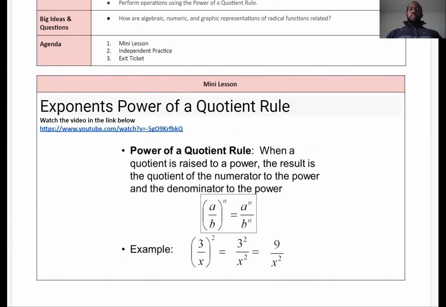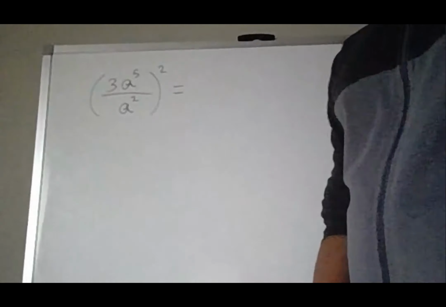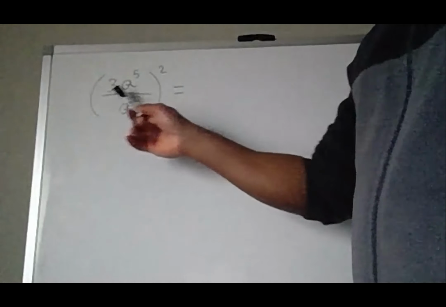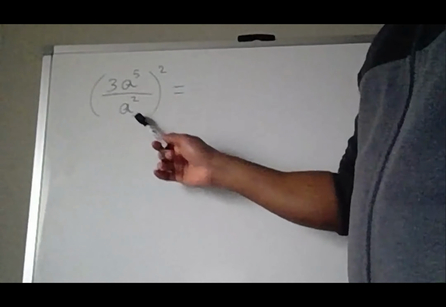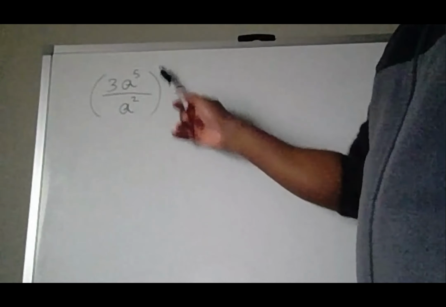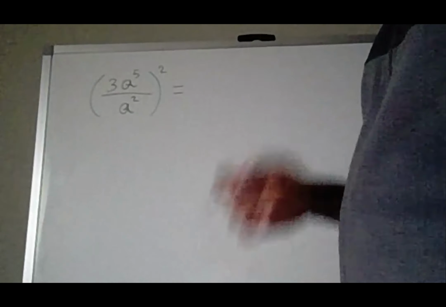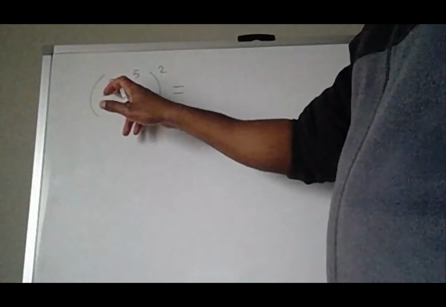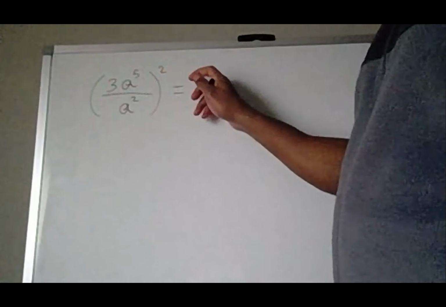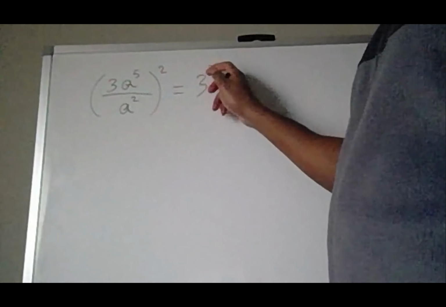Let's look at another example. I'm going to show you my whiteboard so that you can see another example. We have 3a to the 5th divided by a squared, all raised to the second power. What you're going to do here is raise 3 to the second power.